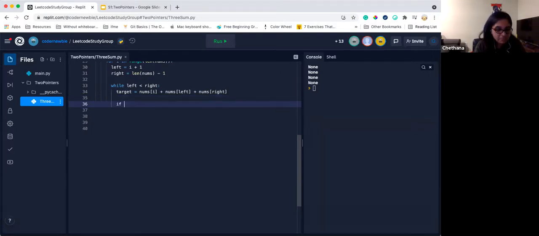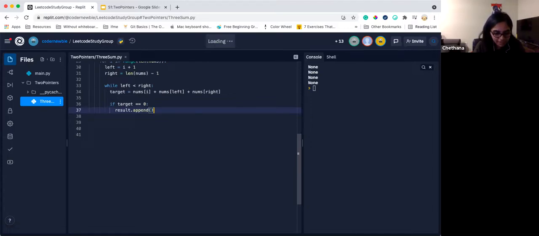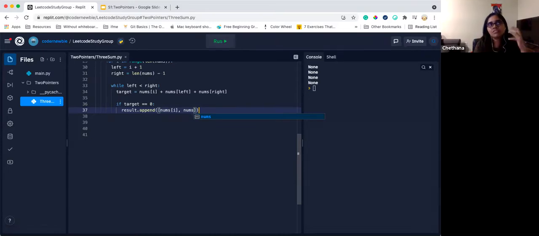So if target equals 0, what do we do? We just append it to our result set. What are we going to append? We're going to append nums of i, nums of left and nums of right. Our result is going to be a list of lists, and each internal list is going to be of size 3 because it's a triplet.